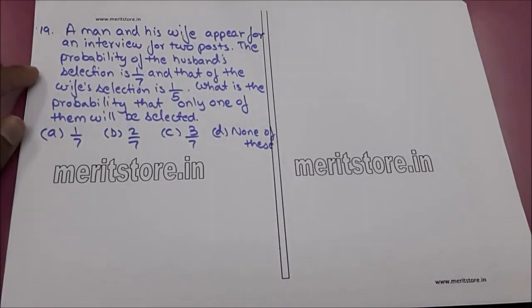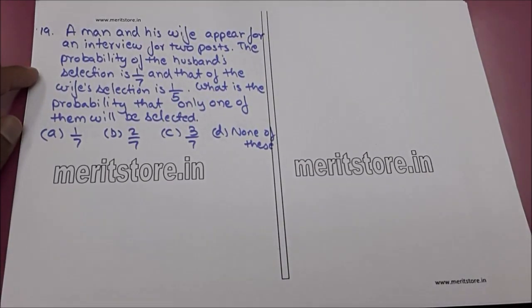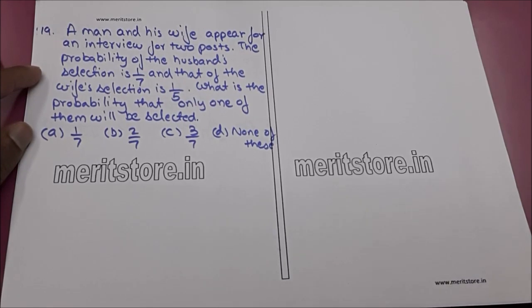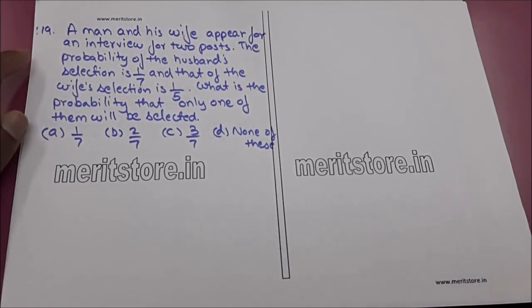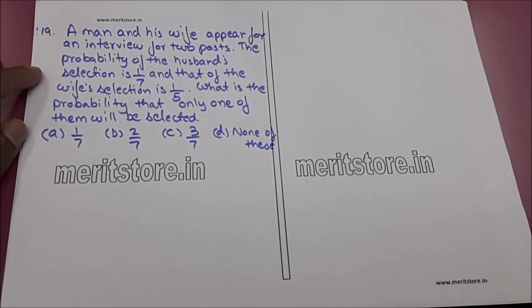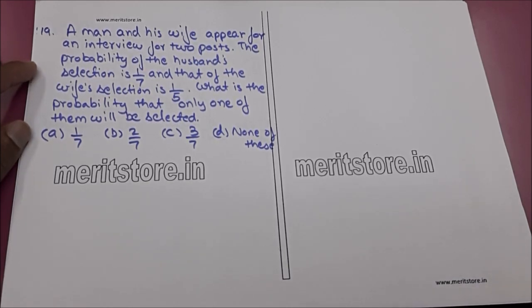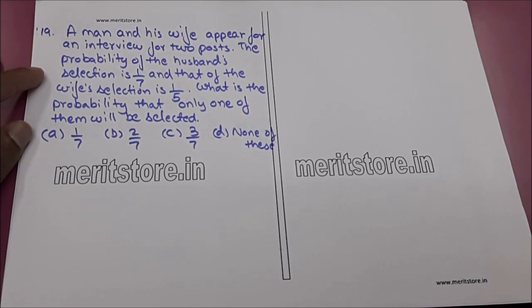Question 19. A man and his wife appear for an interview for 2 posts. The probability of the husband's selection is 1 by 7 and that of the wife's selection is 1 by 5. What is the probability that only one of them will be selected? A 1 by 7, B 2 by 7, C 3 by 7 and D none of these.